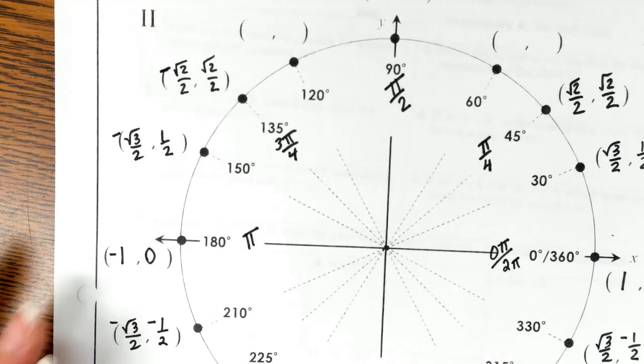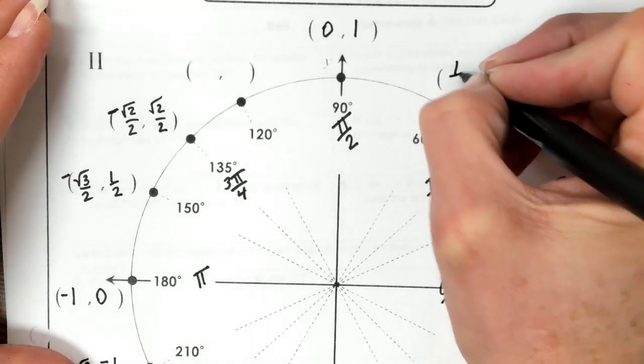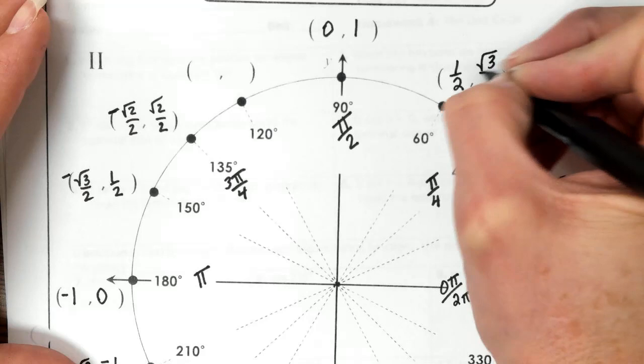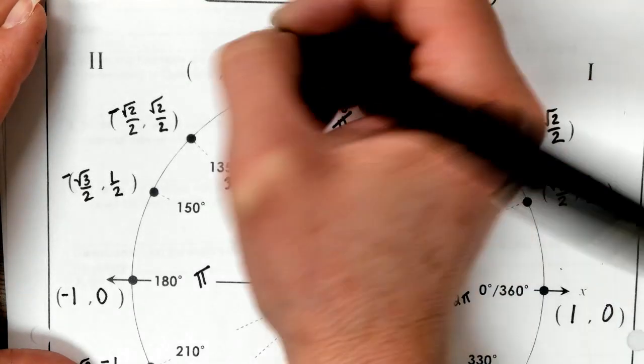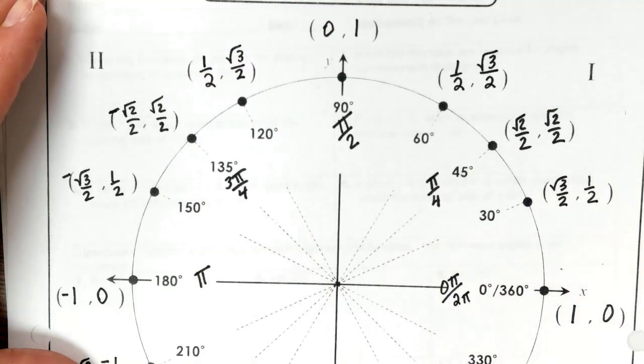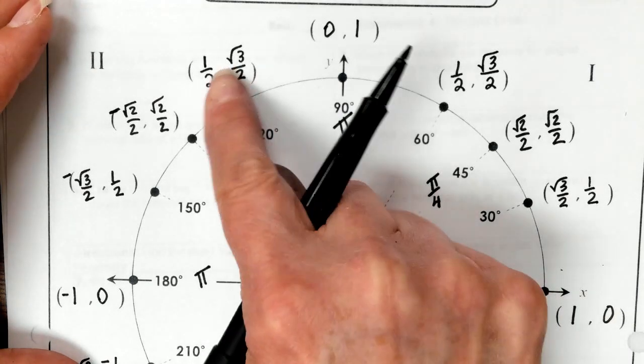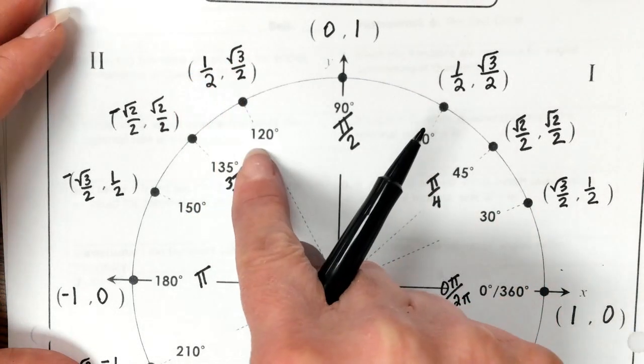So let's go back to the unit circle and fill this in. So we said x is 1/2 and y is radical 3/2. I'm at the 240. Now I do want to make a note up here at the 120.